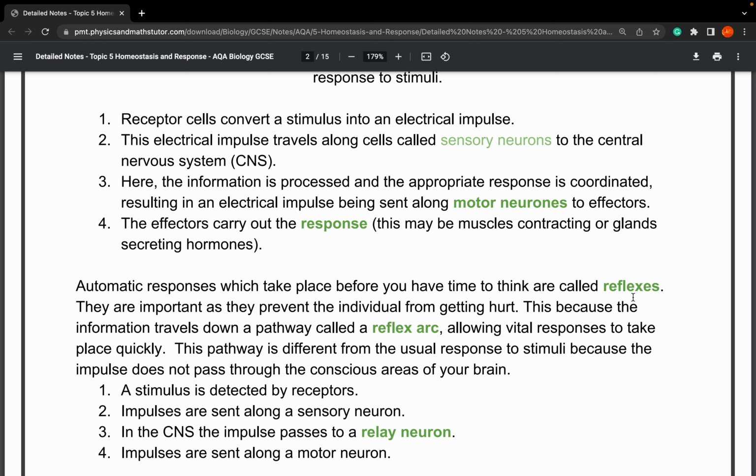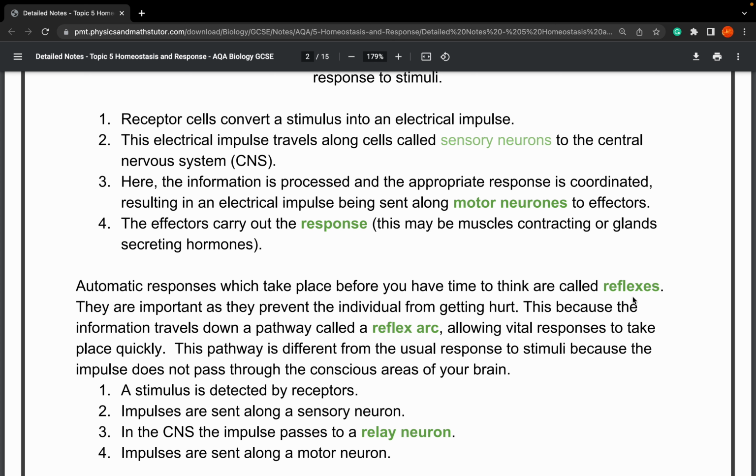This pathway is different from the usual response to stimuli because the impulse does not pass through conscious areas of the brain. Earlier we studied, for example, vision, where the eye is the stimulus receptor, the optic nerve is the sensory nerve, the optic area in the back of the brain, the cerebrum, is the main area which processes the information, and the electric impulse passes through the motor neuron and then works on the effector cell, for example a muscle.